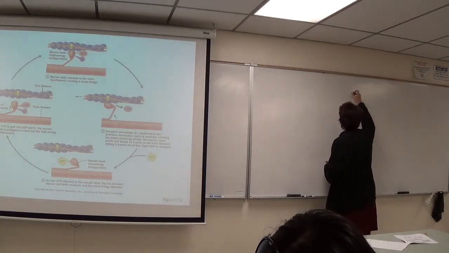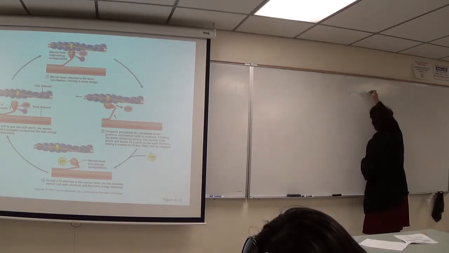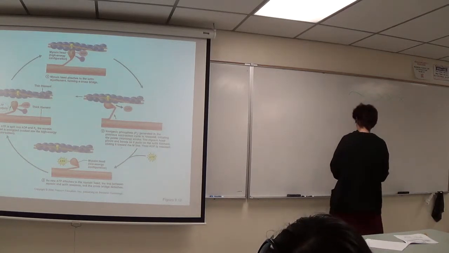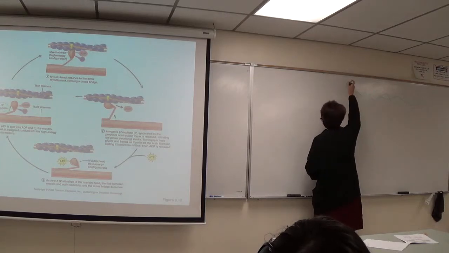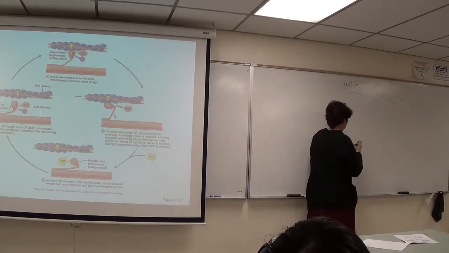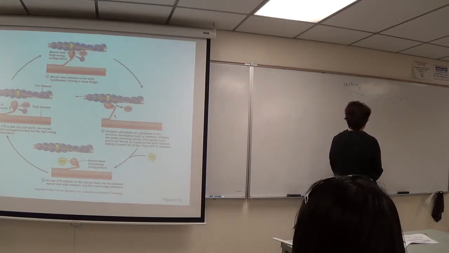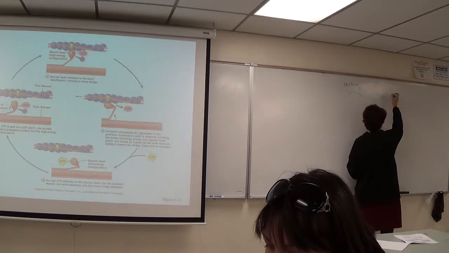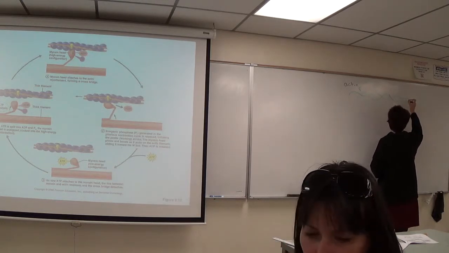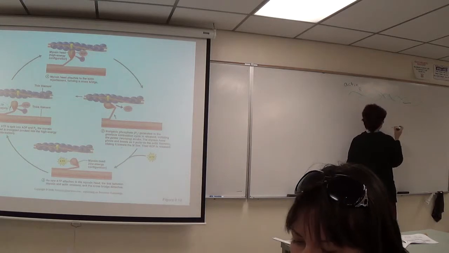All right, so here is our double twisted strands of actin. So this would be our filamentous actin. And within each groove here, we have the tropomyosin.